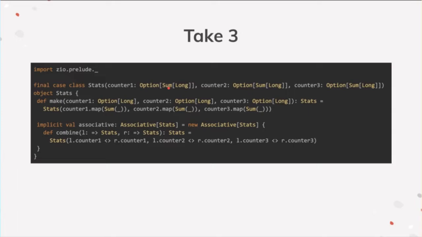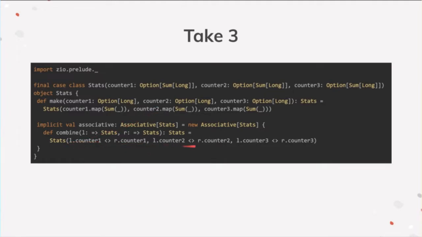The only instance that we needed to provide was for stats. So we don't need anymore to write any custom logic for combining nested maps, and we get expected results. So that's great. That's a lot better than before, a lot easier.